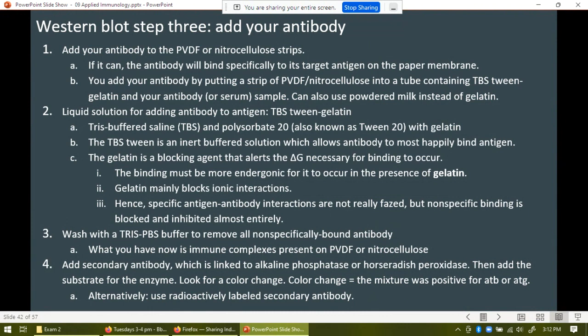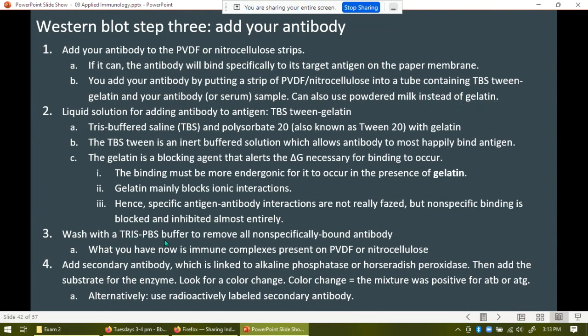They incubate there for an hour or two. It takes a good while, so more like 2 hours. And the antibody will eventually bind to the antigen, and the non-specific binding will not occur because of the gelatin or the powdered milk that you're using.